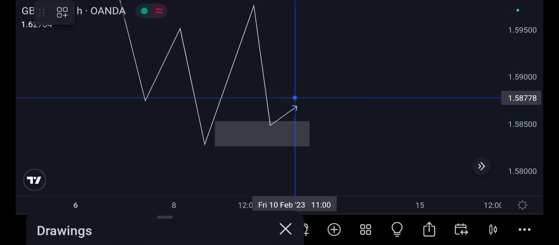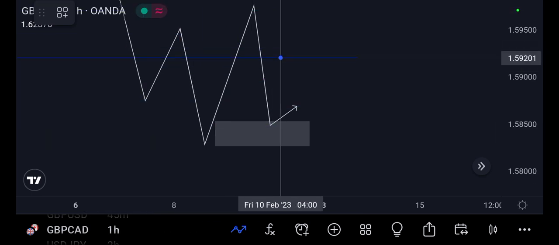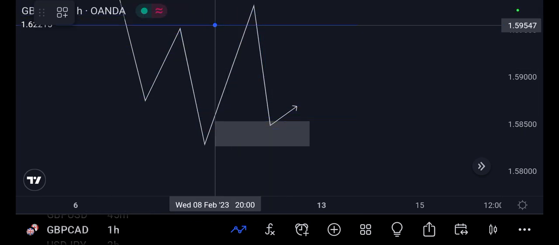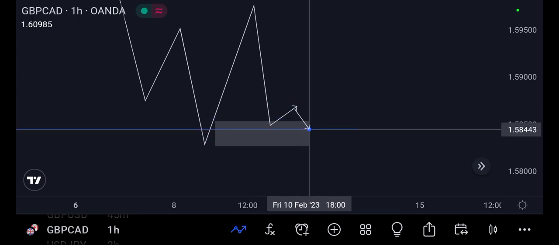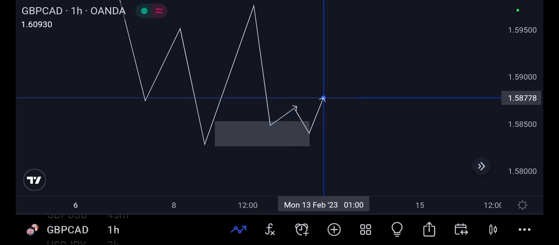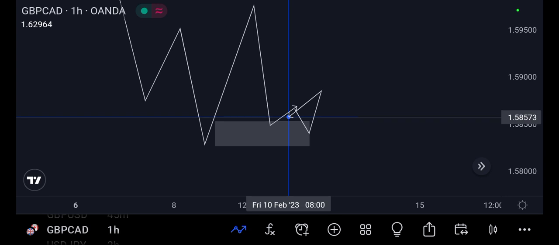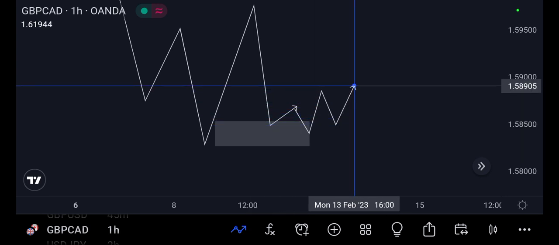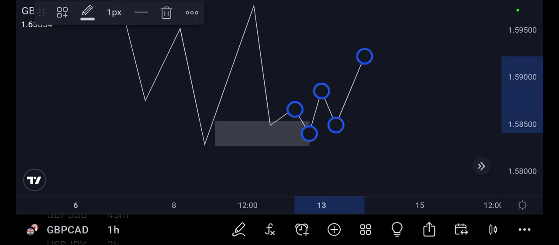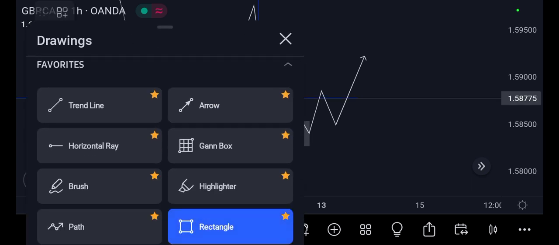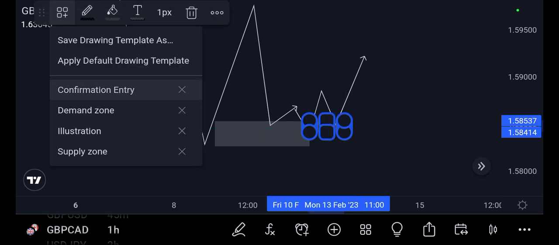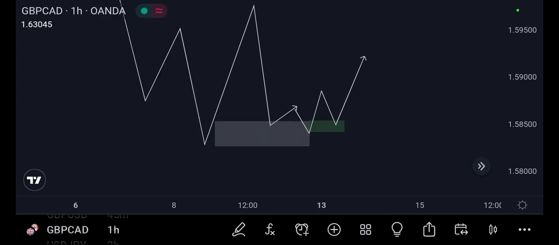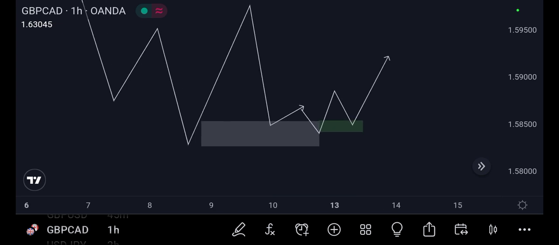Everything that happened there was on the 15 minutes to 4 hours time frame. What happened here is that it has already gone up, and it has come down. Now it has broken structure. This is a break of structure to the upside, giving a change of character. Then mark out your zone. You return to your order block, and that's it. So this is the entry, confirmation entry. So you get my point.